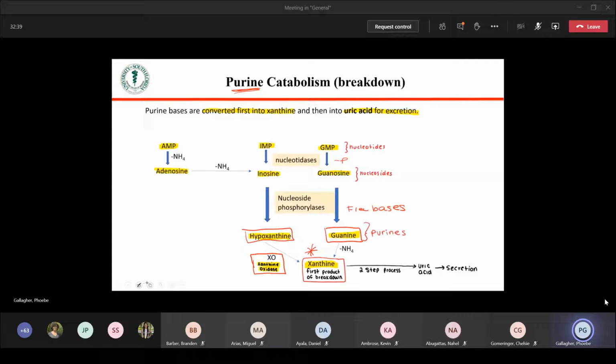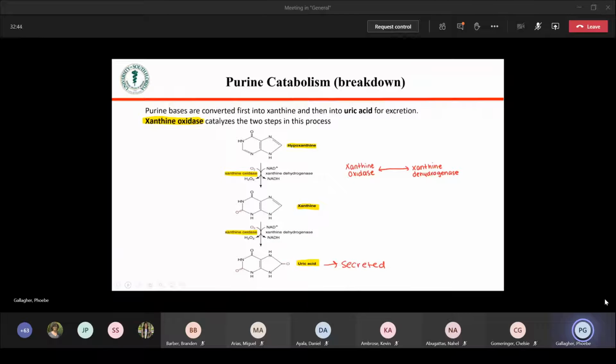And then ultimately it's the xanthine that's going to break down into uric acid, which she goes into here. So here's your xanthine oxidase. You see how it has xanthine dehydrogenase here. Don't worry about that at all. Really what it is, the xanthine oxidase is being oxidized and reduced as it goes through this. So one becomes the other forwards and backwards as you go along.